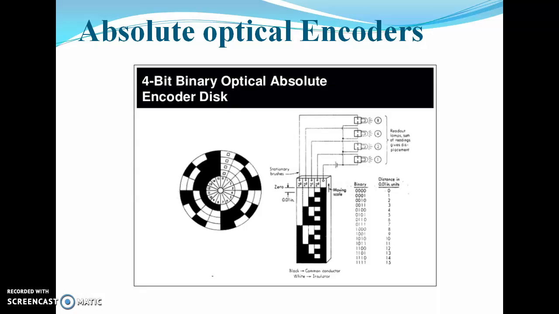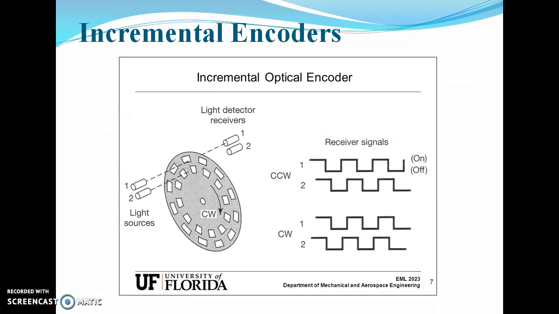This is the 4-bit binary optical absolute encoder, you can see here. And this is the 2-bit incremental encoder.